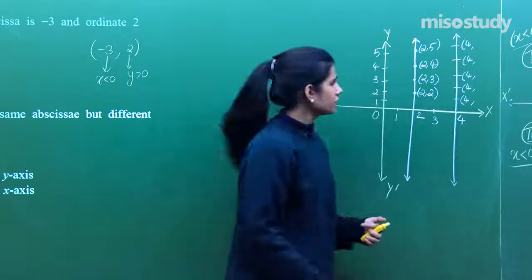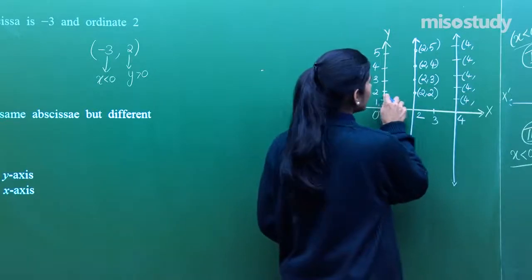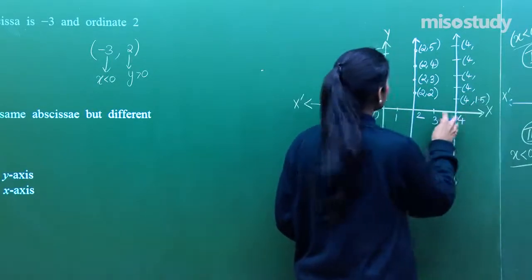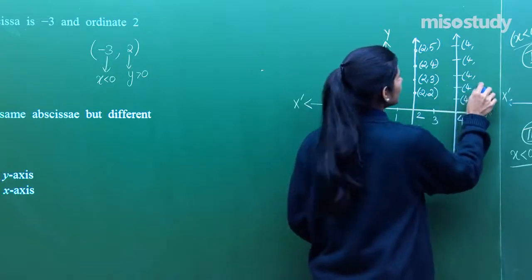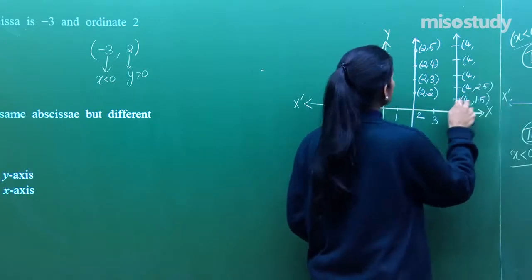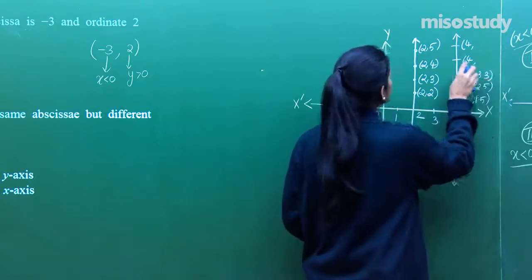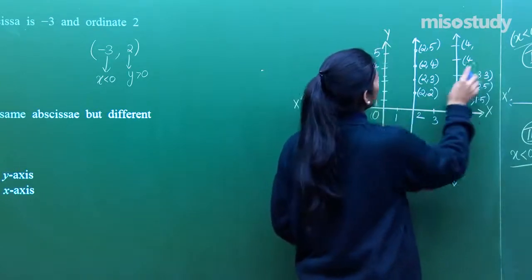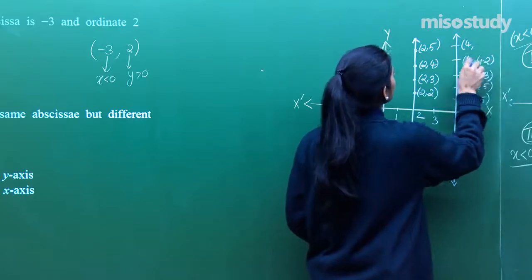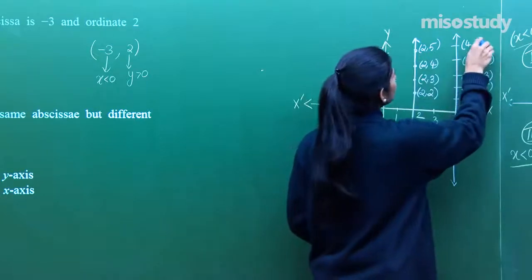And y coordinates are going to differ. So over here, say this is 1.5, so this will be 4, 1.5. This is 2.5, this will be 4, 2.5. This one is say 3.3. Here it is say 4.2. And this is say 5 itself, so 4, 5.